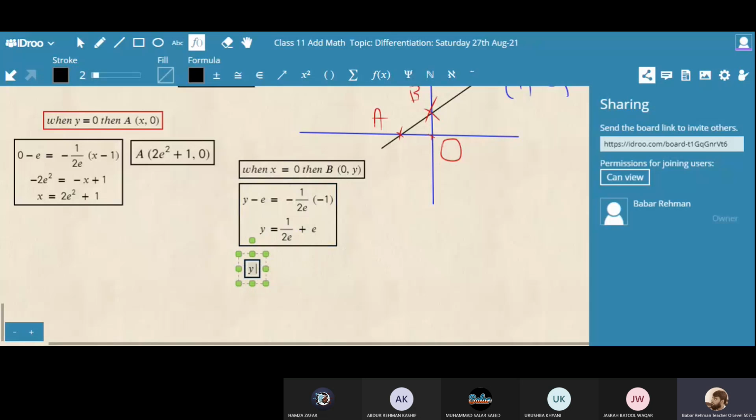Okay, y is equal to 2e square plus 1 upon 2e. I don't know why it is not giving me. Let me write with my marker.